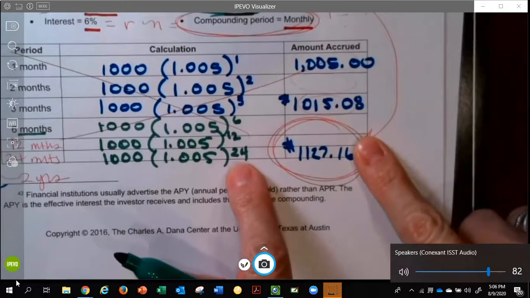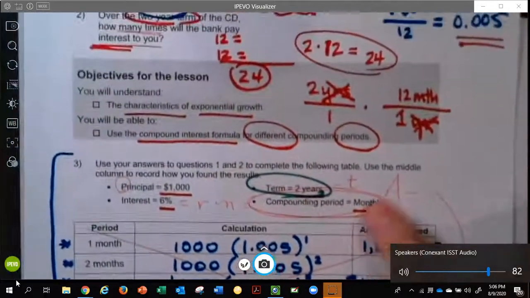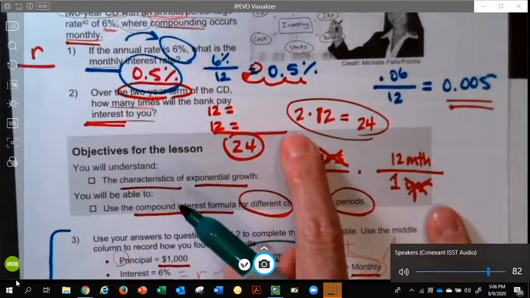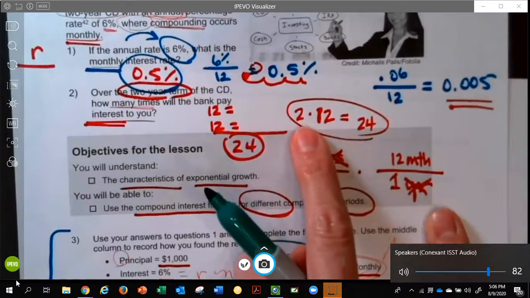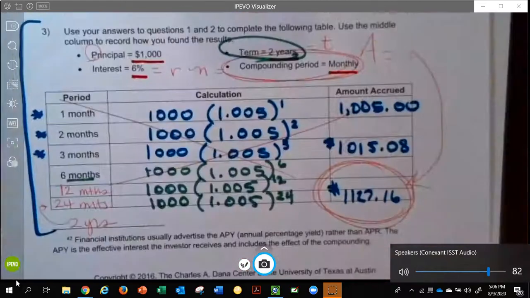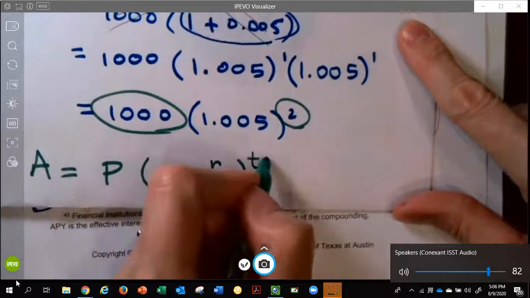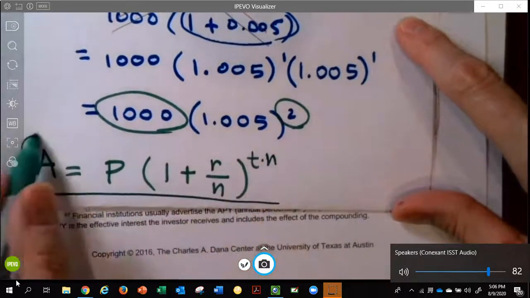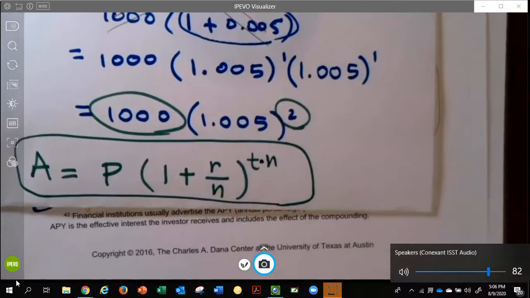How in the world could we get 24 when it's 2 years monthly, 2 years monthly, 2 years monthly? There's my 24. My T times my N. And so looking here, it's going to be T times N. So jot this down. And yes, you need to memorize this formula. It's really, really nice. It's really simple to memorize.